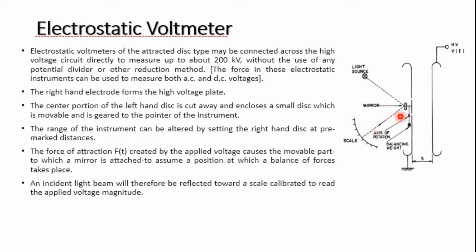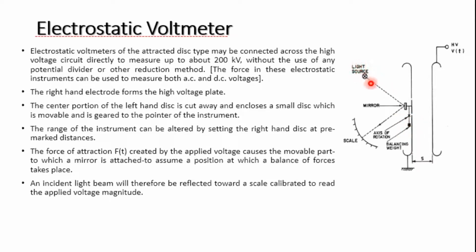This is subject to the high voltage side and this is the low voltage side. Assuming there is a distance between these two electrodes, if we go on changing the distance, the balancing weight varies depending upon the distance. The distance mainly depends upon the force of attraction between those two electrodes.